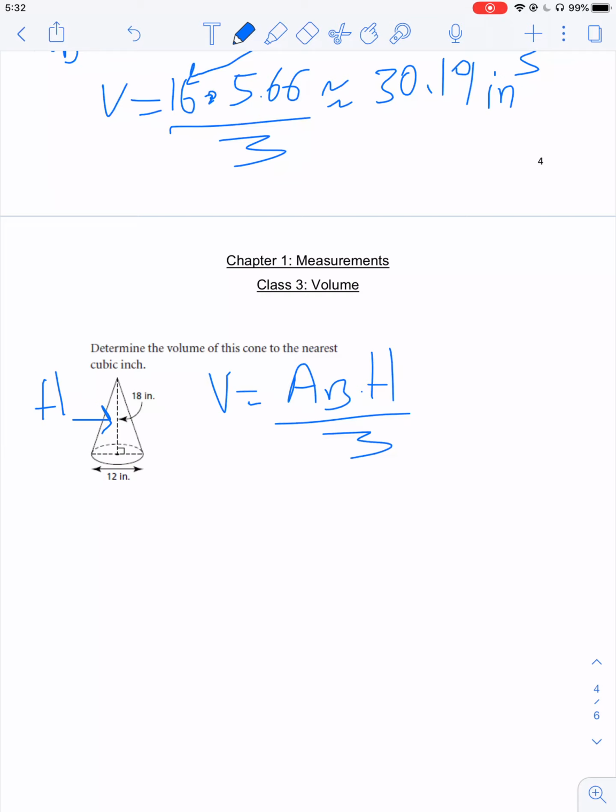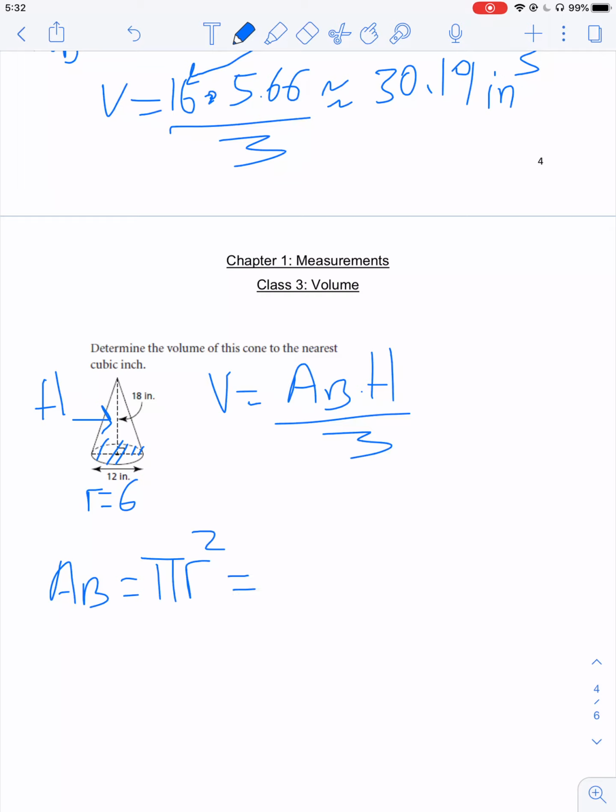So the tricky part is to realize that the 12 is your diameter. So the radius, that means the radius of the circle has to be equal to 6. Okay, so area of the base, because my base is a circle, I'm going to use this formula, pi r squared, right?